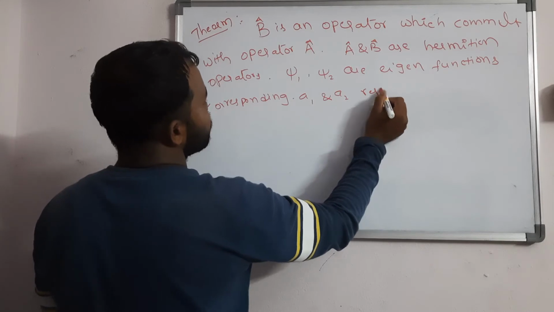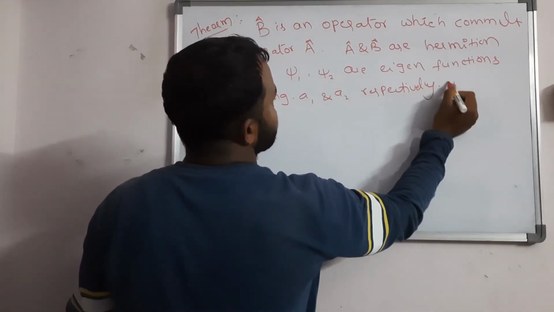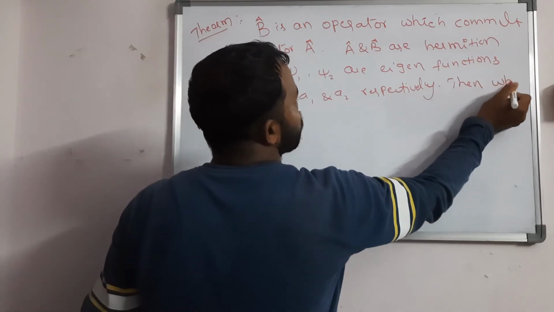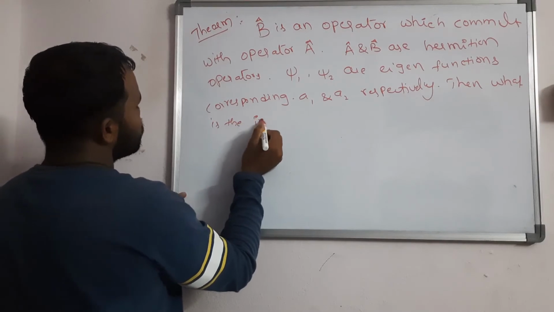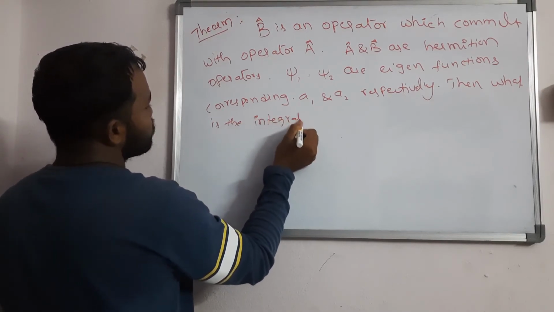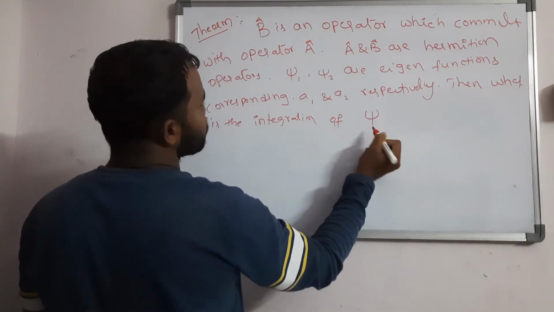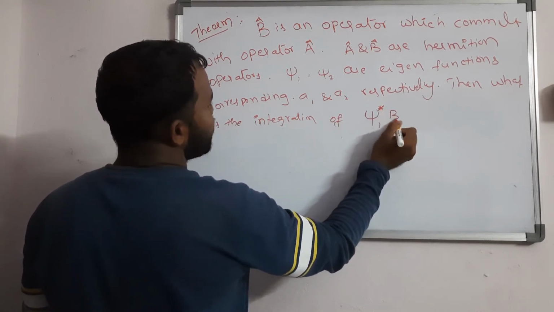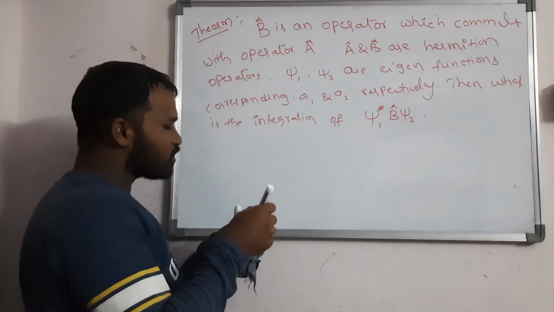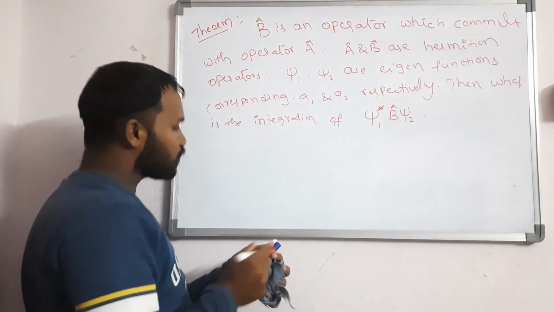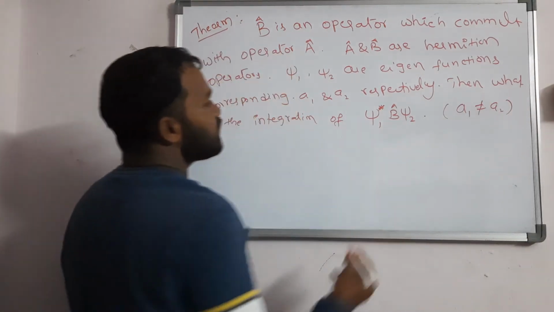Then the question is, what is the integration of psi 1 star into B cap into psi 2? We should prove this, given also that A1 is not equal to A2. This is the required question.